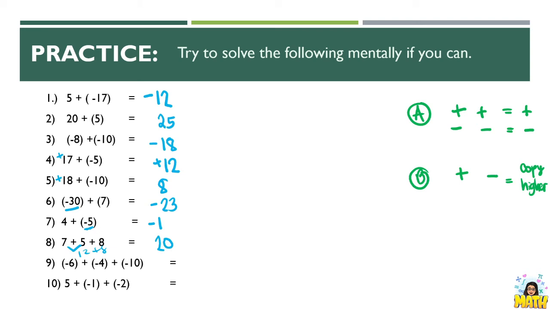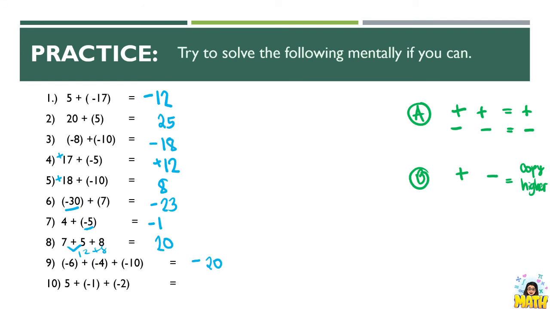Next, number 9, all of them are negative integers and they have common signs, so just add 6 plus 4, 10 plus 10, that's 20, and copy their common signs, which will be negative 20.